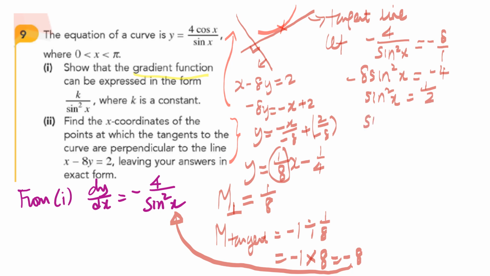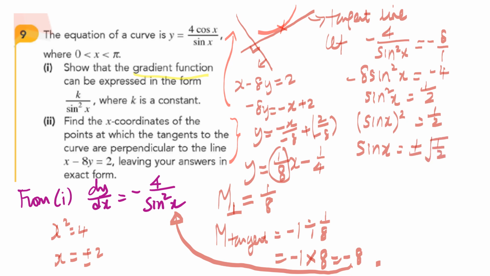Okay, so sine square x means sine x times sine x, so if you write it this way, sine x times another sine x, it's the same as bracket sine x close bracket square. Right, so how do we solve something like x squared equals 4? We would have two values, right? Positive 2 or negative 2. So likewise, sine x can be positive or negative square root of 1 over 2.